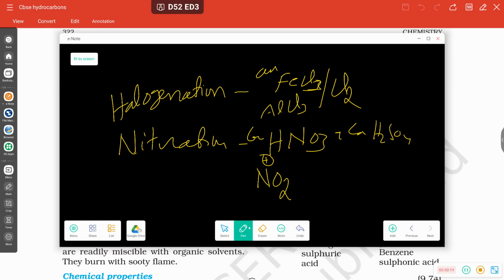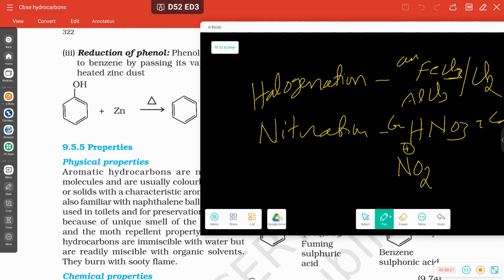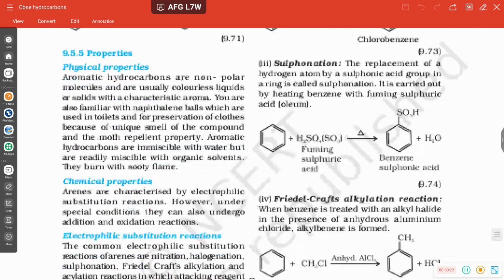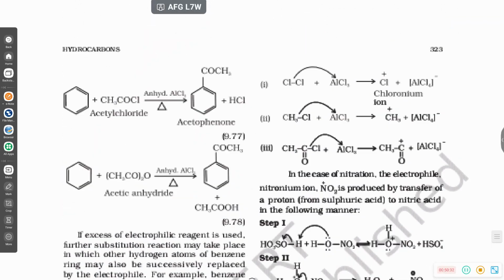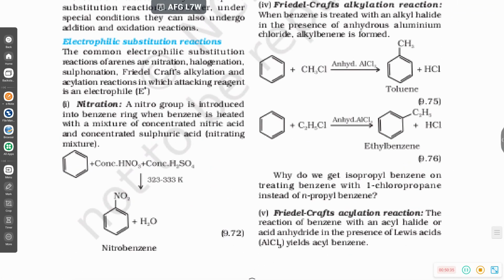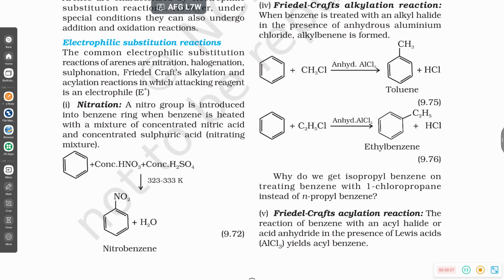In our textbook, what have they given? At this temperature, what is attacking? OH will attack and H2O forms. This mechanism I will tell. For each and everything, mechanism is important. First you have to remember that the nitro group attacks. Halogenation, what is the reagent? Cl2 with AlCl3.